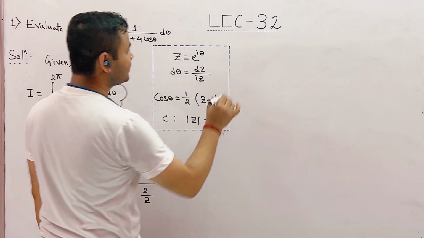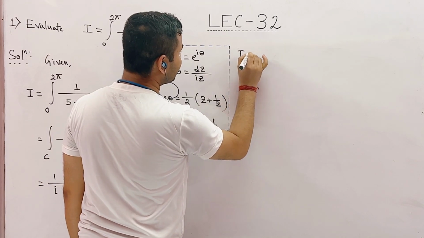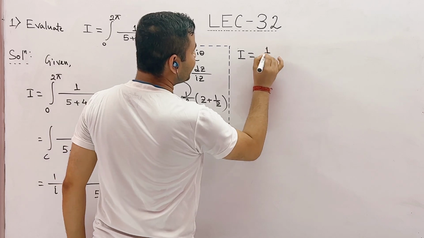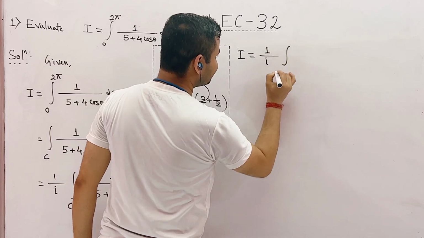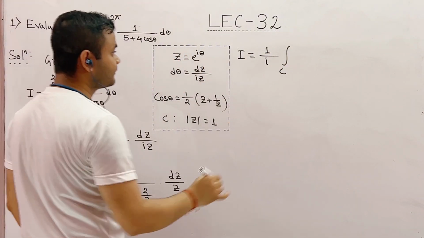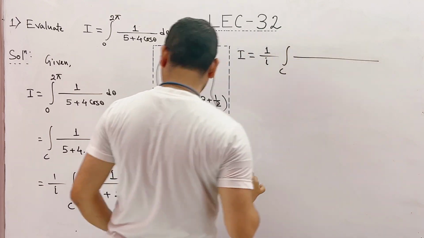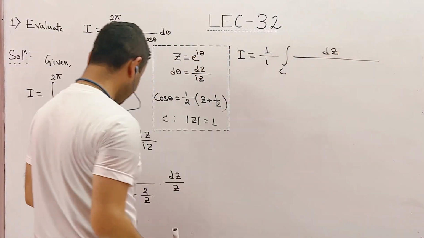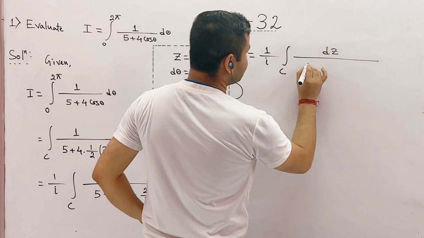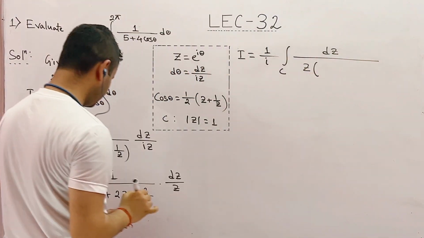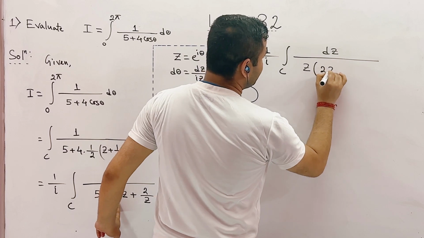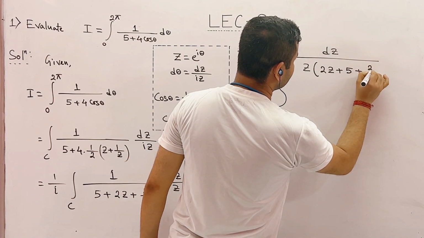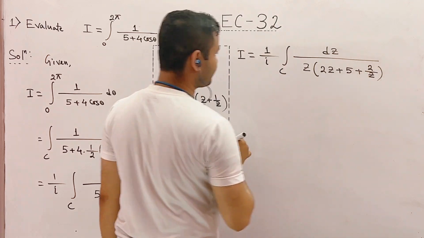So, finally, we will get I is equal to 1 by i into integration along curve C of 1 into dz means dz divided by z into (2z + 5 + 2/z).